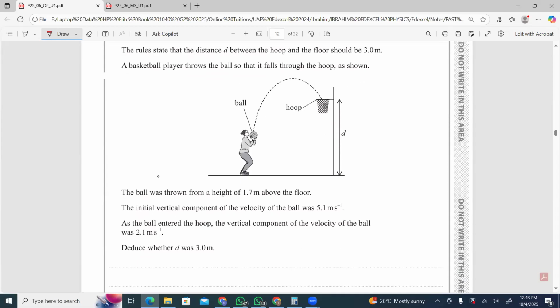It is a typical projectile question, so that is your reference point. Remember, first of all, you are throwing off the object, so this is your launching point. And this is the point where the object is falling, okay? Here the body is flying like that, but they are talking about the vertical component of the speed.